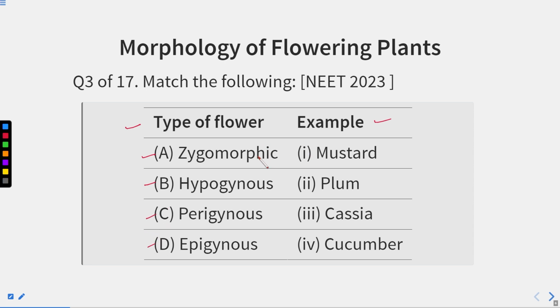Okay. Zygomorphic flower. What is zygomorphic flower? Zygomorphic is a flower which can be divided into just two halves only. All right. Then we have hypogynous flower. In hypogynous flower, what happens?